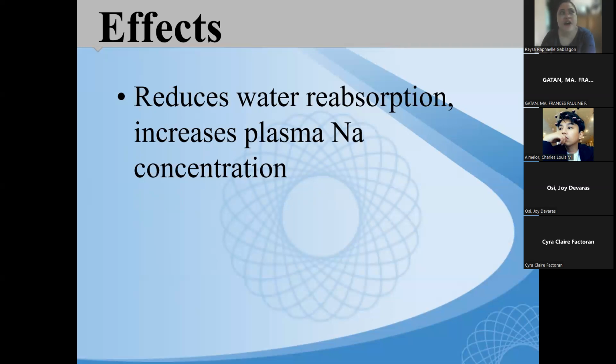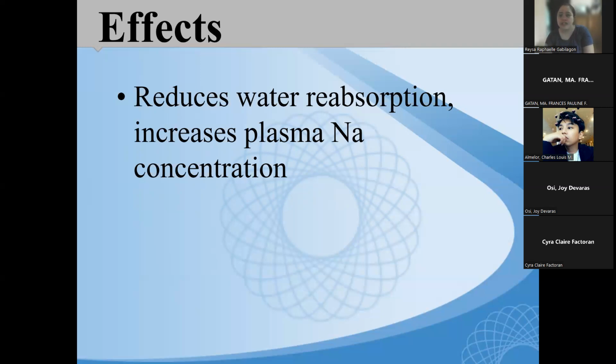So, what is the effect of blocking these receptors? There will be reduction in the water reabsorption. So, antagonize natin si antidiuretic hormone, ang labas, makakaihi ang patient. Hindi na reabsorb ang water. Instead, ma-excrete siya.